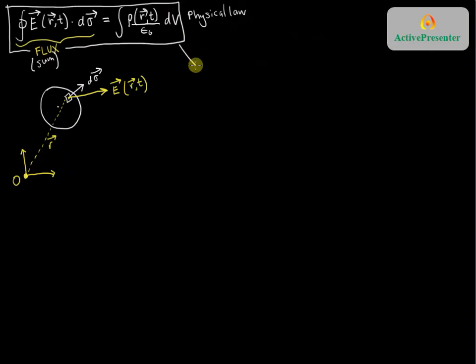Now, it also turns out that mathematically, as you've learned in earlier math classes, if I write any vector field E and I integrate it over any surface in exactly the same sense that I meant it last time, it's also true mathematically that's equal to a volume integral.